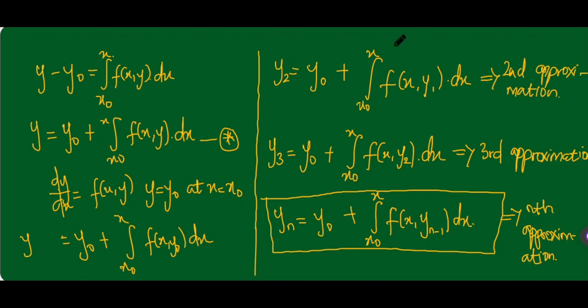So moving forward, there are key things we need to know. For each approximation we get, the more approximations we get, the closer we get to our answer. So y2 is more accurate than y1, likewise y3 is more accurate than y2, and it goes on and on like that.